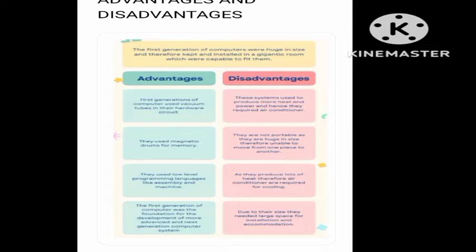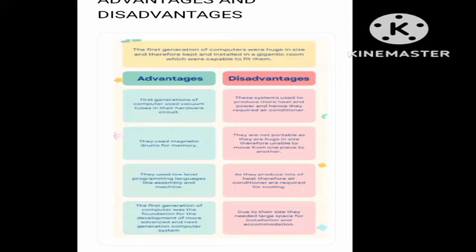They used magnetic drums for memory. They used low-level programming language like assembler and machine language. The first generation of computer was the foundation for the development of more advanced and next generation of computer systems.